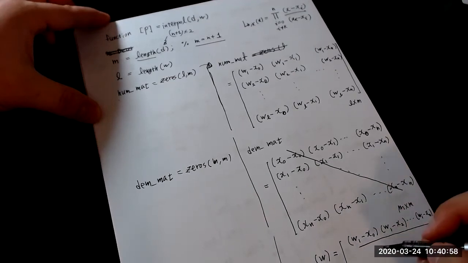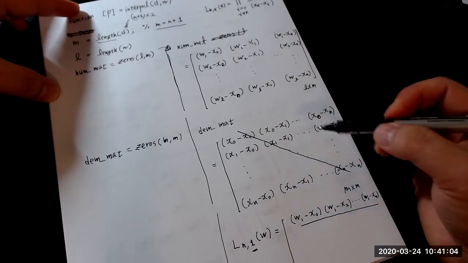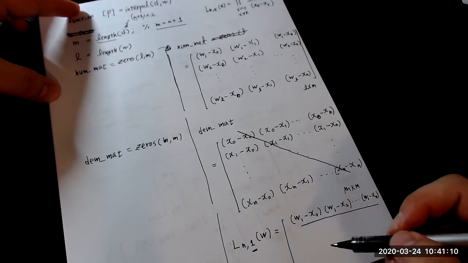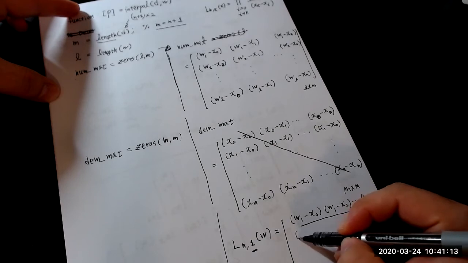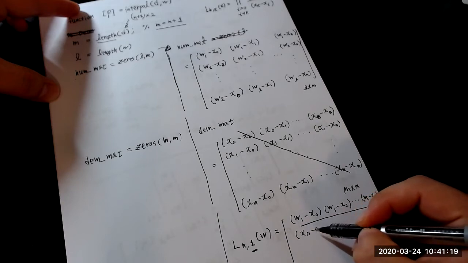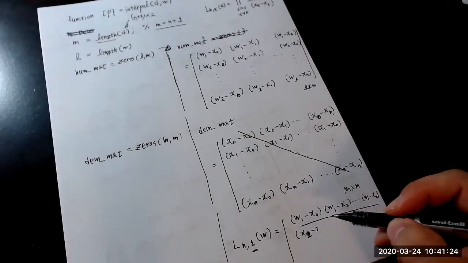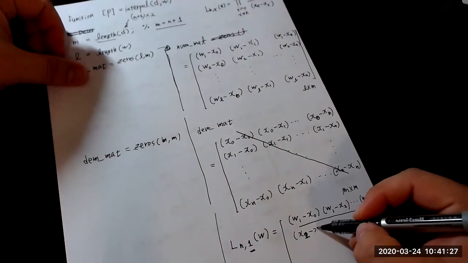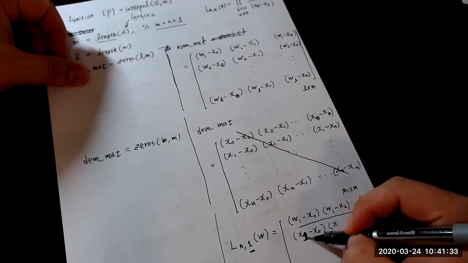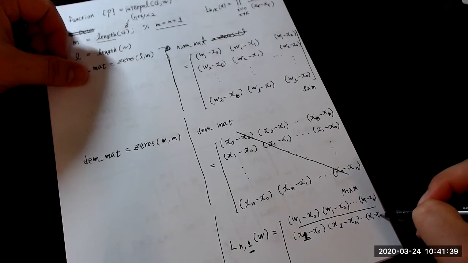Then the denominator is going to be x1 minus x0 times, skipping the 1 here, x1 minus x2 through x1 minus xn.